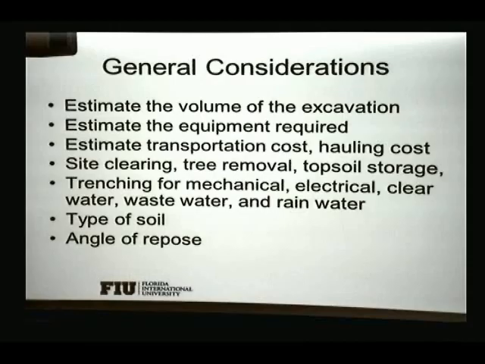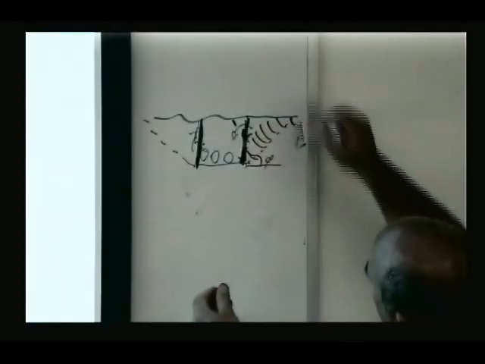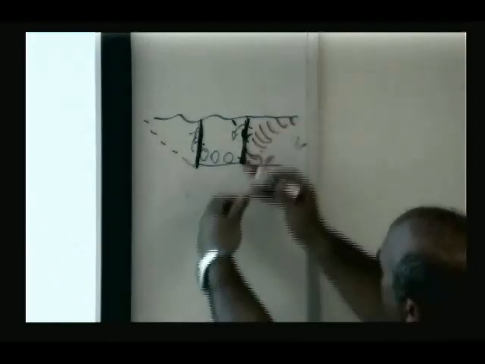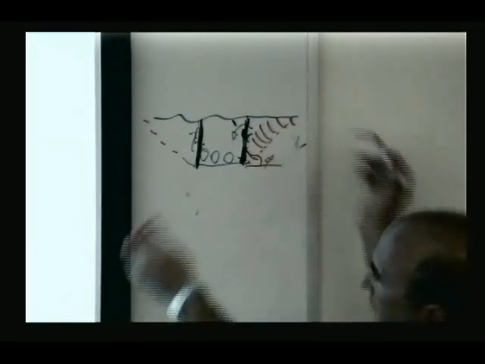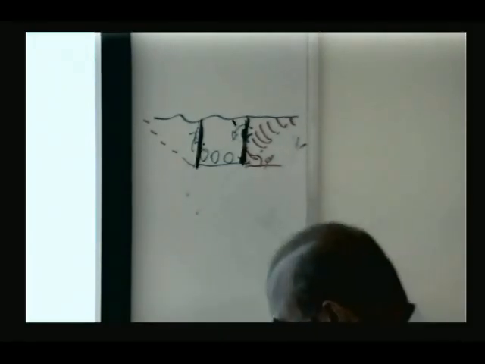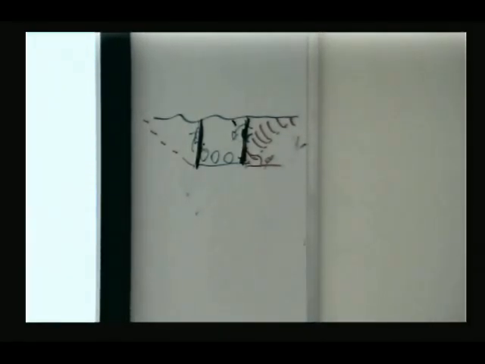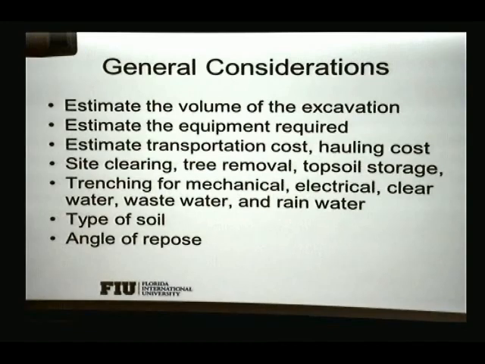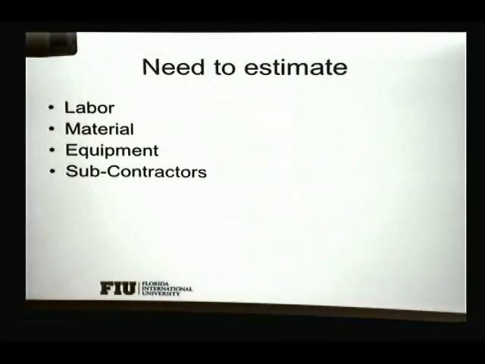So you have that additional work to remove this area, prevent that from collapsing, and then you have to backfill when you're done. So those are different considerations that you need to take when doing earthwork.